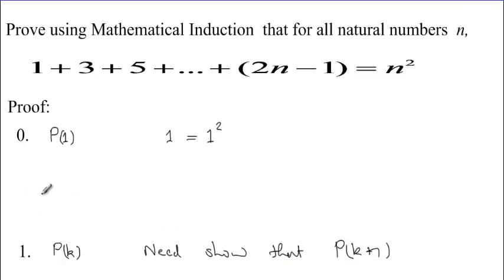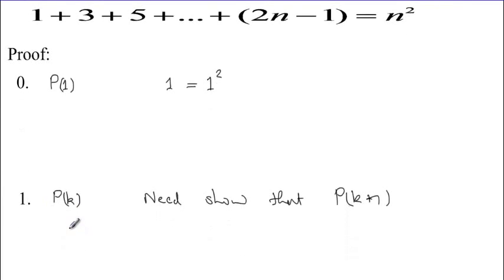In other words, if we assume that it is true for k, what we'll be saying is 1 plus 3 plus 5 plus up to plus 2k minus 1, which is an odd number, this will be equal to k squared. So if we assume that this is true, this becomes what we call our induction hypothesis.